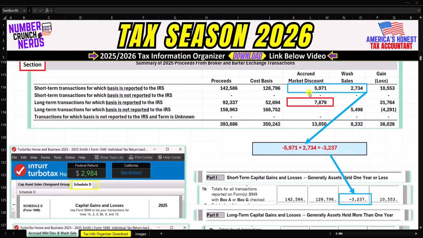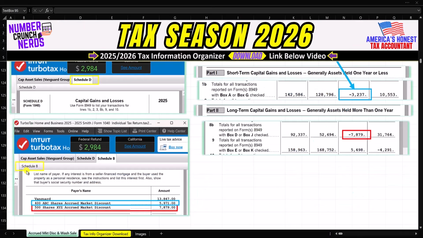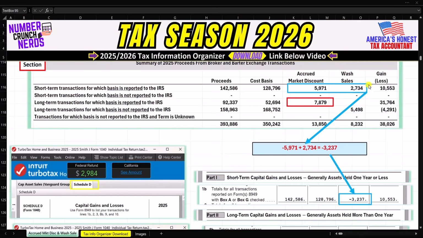And then which part of this ends up on Schedule B as interest income? The answer is only this $5,971. Again, looking down here on Schedule B, there is our disposal, and there's the accrued market discount related to it showing up as interest income, $5,971. The wash sale, remember, is not interest income.